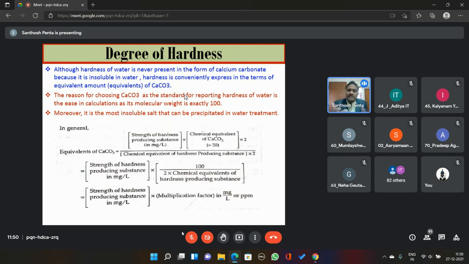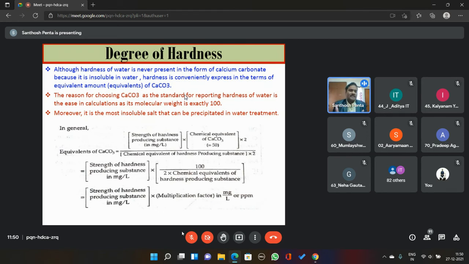While we are doing the calculation, the determination procedure is the same. We take 20 ml of that hard water sample, add 10 ml of buffer solution and 1 or 2 drops of EBT indicator, then titrate against the disodium salt of EDTA. When the solution turns from wine red color to blue color, stop the titration. Then go for the calculation, N1V1 is equal to N2V2, to calculate the normality of the water sample.